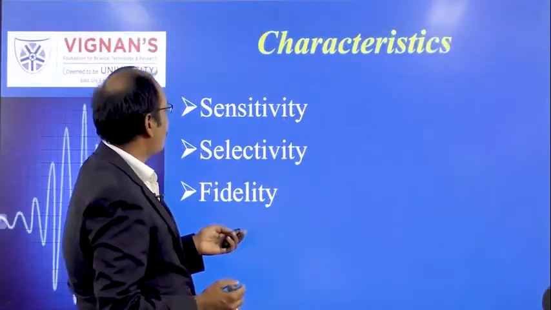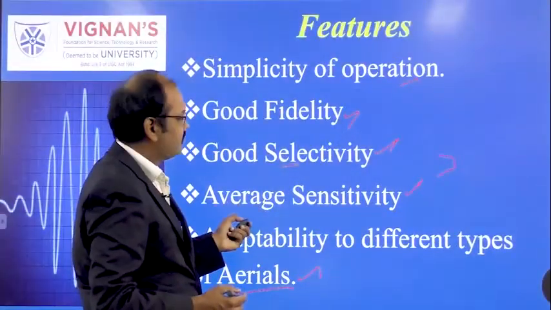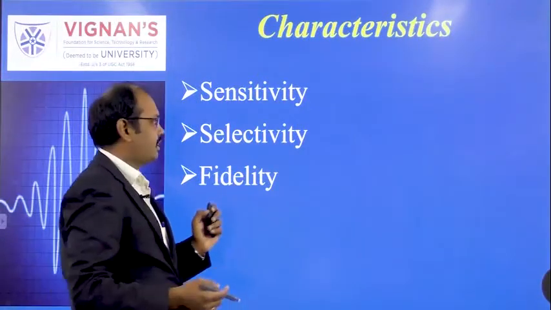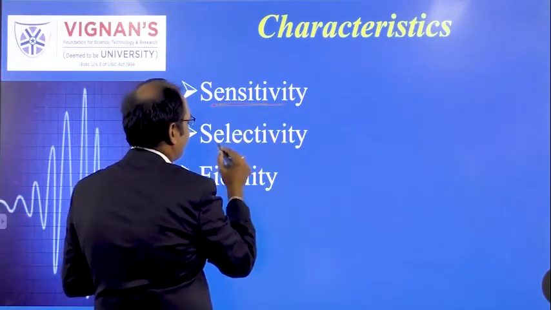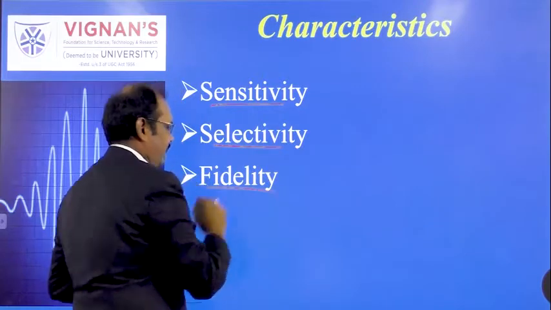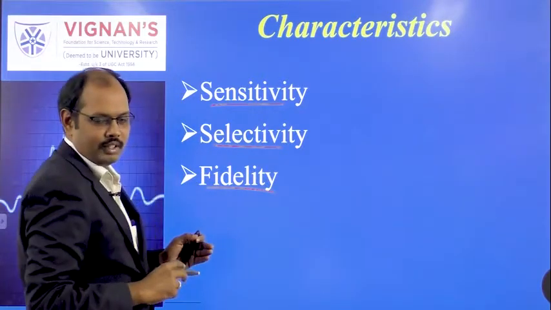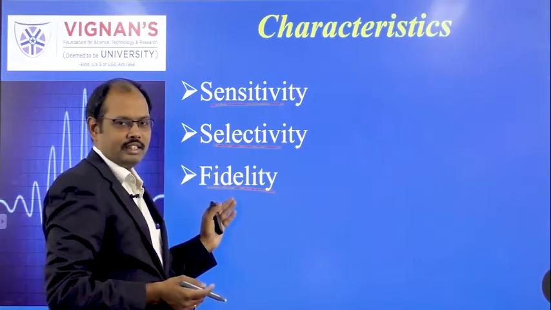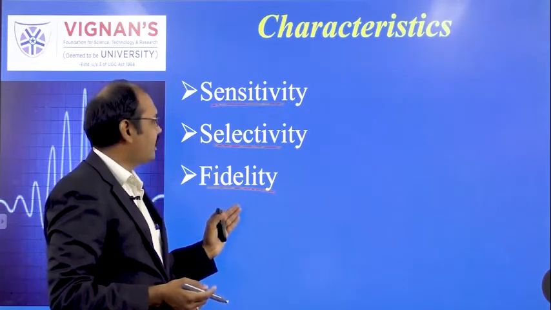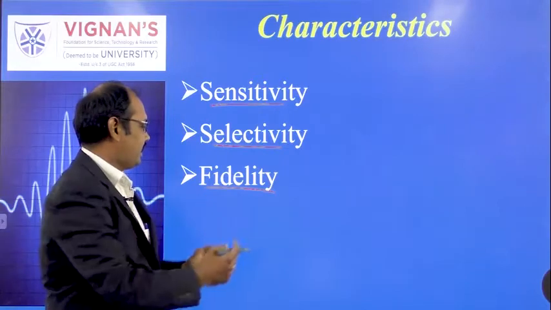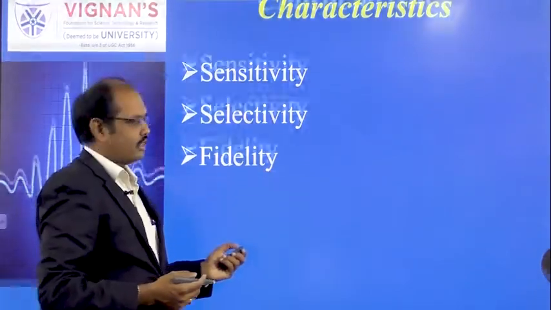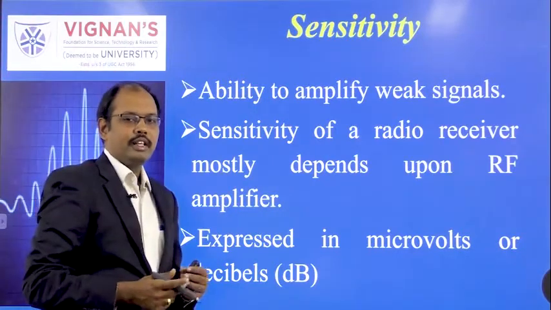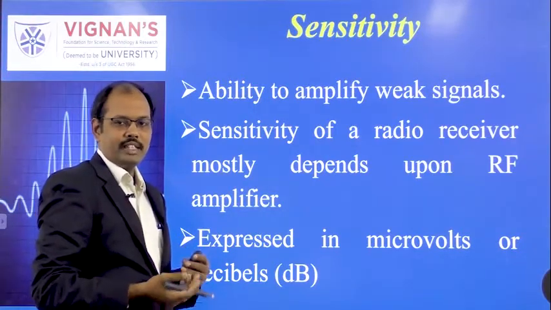These are some features, and now some characteristics of the receiver: sensitivity, selectivity and fidelity. There are many characteristics, but in general these are the important ones. First, sensitivity: the receiver must be able to amplify the weak signal.